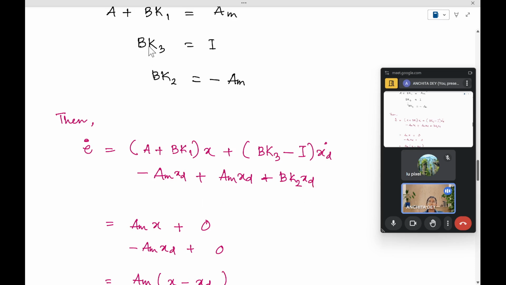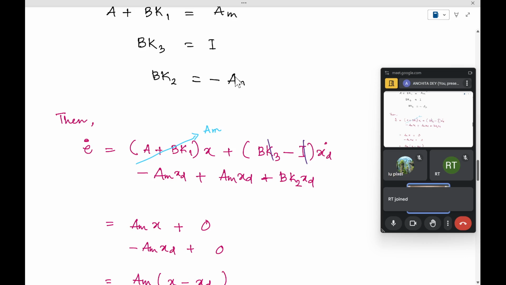So if a plus bk1 is equal to am, then in place of this structure I'll be writing am. And bk3 minus I would be cancelled because bk3 is taken to be equal to I, and here we have bk2 equal to minus am, so these two terms would also be cancelled.